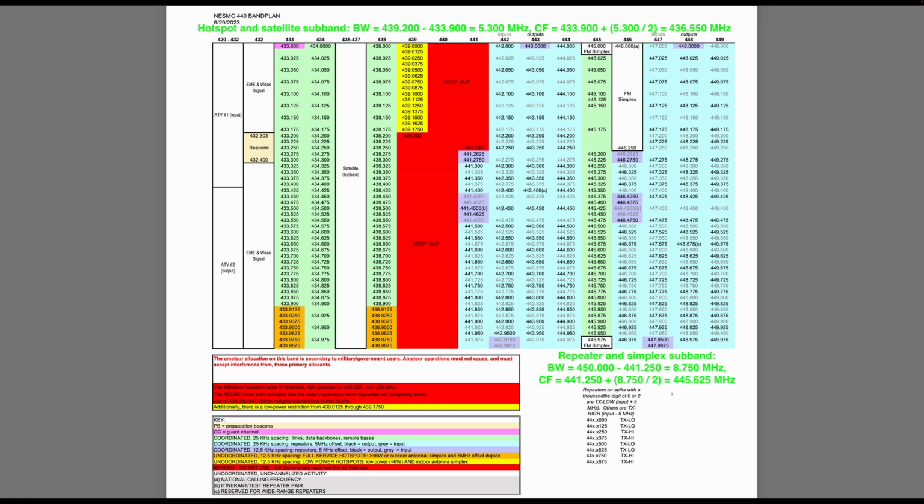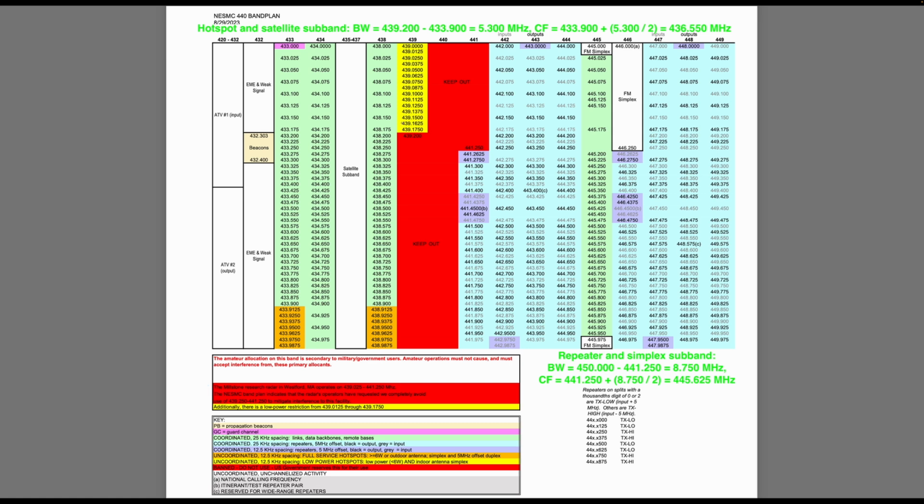And so that part of the band starts here, and so I called the low end 433.900, which you can see up here, and the high end basically goes to 439.200, which in New England, or at least in Massachusetts, and these four New England states, is a keep out area because of a research radar in Westford, Massachusetts.